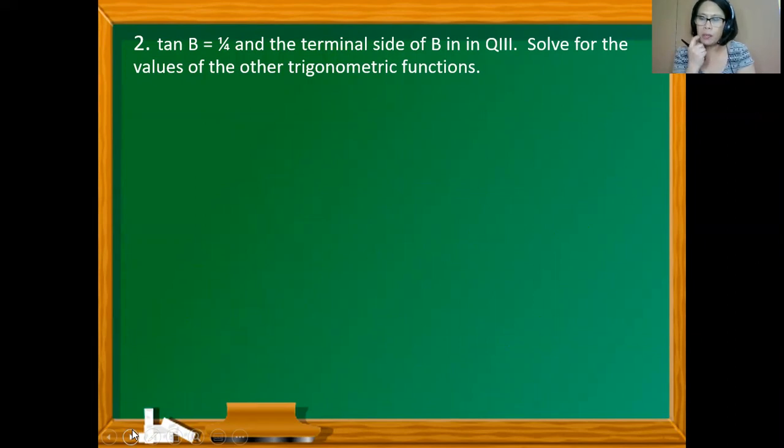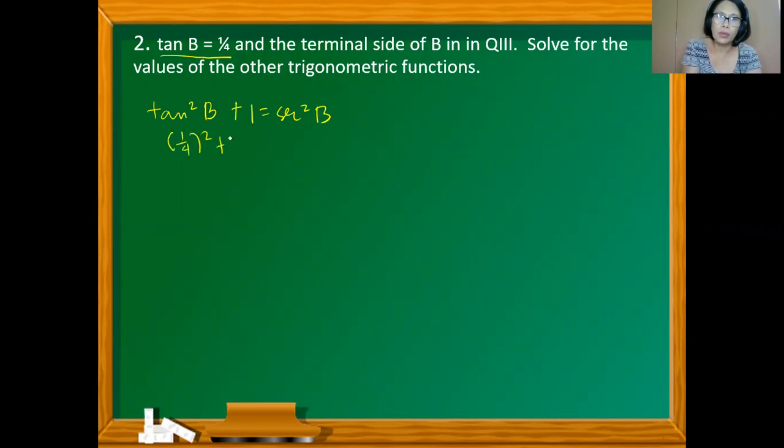Now, we can make use of the Pythagorean identity tangent squared B plus 1 equals secant squared B. Since tangent B is 1/4, substituting the given in the equation here, so we will square 1/4 plus 1 equals secant squared B. So this is 1 all over 16 plus 16 all over 16. So we have secant squared B here.